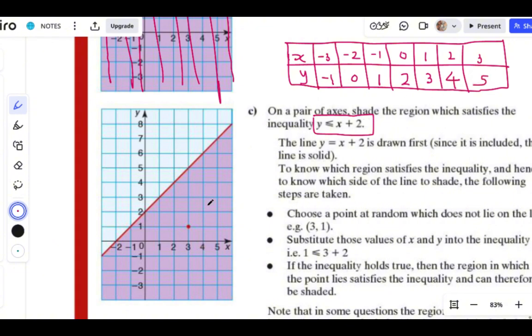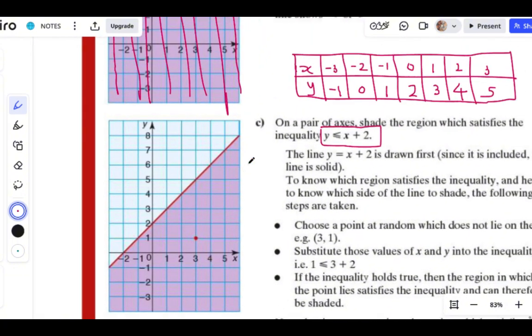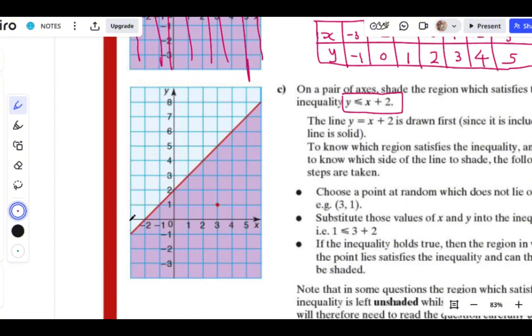Now let's assume this is our table and let's plot this. Since it's less than or equal to, we're going to draw a solid line. This is my -3 for x. From my -3, I trace y to -1.